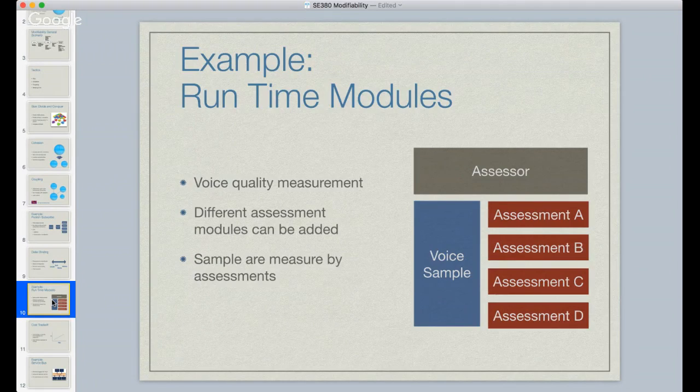But it allows me to modify the system relatively easily without changing other parts of the environment and necessarily even rebuilding it. I can add them in at runtime, as long as the assessor tool itself says, let's go out and see what assessment modules I have plugged into this at this time.